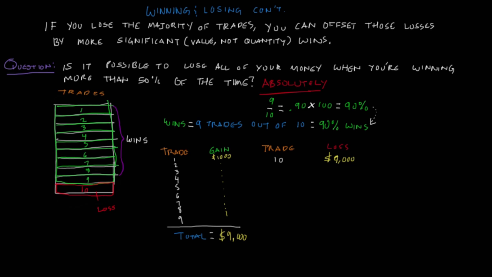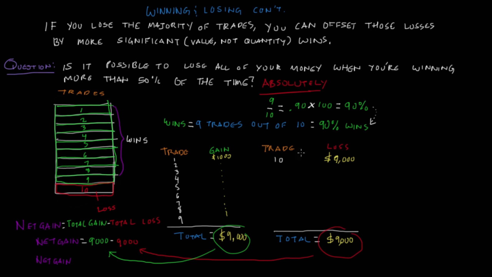So this person made $9,000, but here's the catch. A single loss on the 10th trade could ultimately wipe out all of the gains that were accrued during the previous 9 trades. So if their total winnings equal $9,000, and on the 10th trade this person loses $9,000, their net gain is 0. They lost everything they just made.